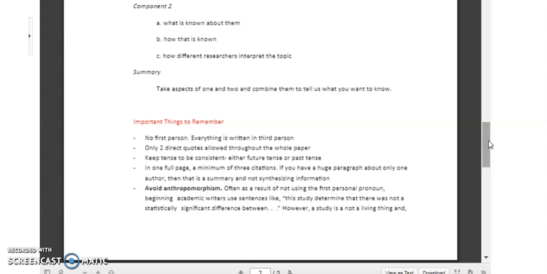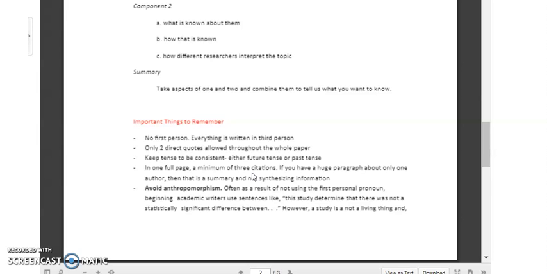To give you something tangible, in a full page you should have a minimum of 3 citations. That also doesn't mean that you have 3 separate paragraphs and then 3 citations there. If you have one paragraph with only one author, then that is a summary. It is not synthesizing information.